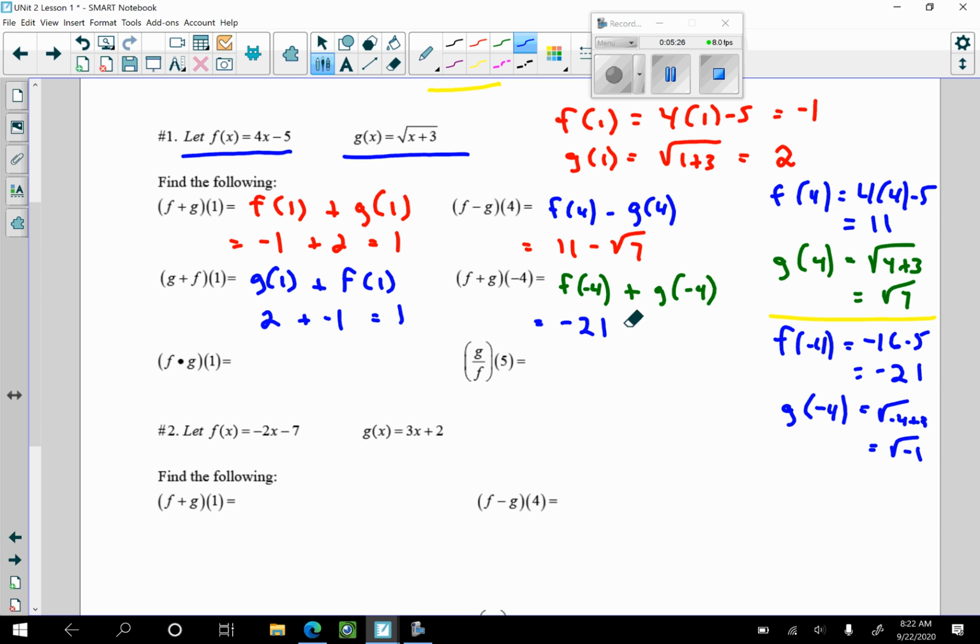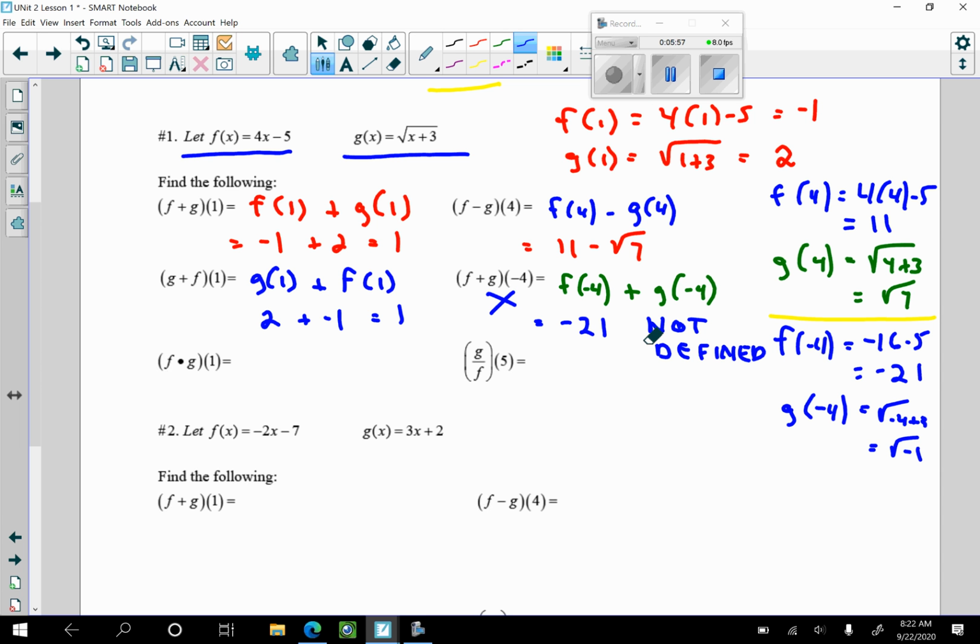So right away, I can say this addition is not defined because g of negative 4 is not defined. Negative 21 plus something that's not defined is certainly something that is not defined.